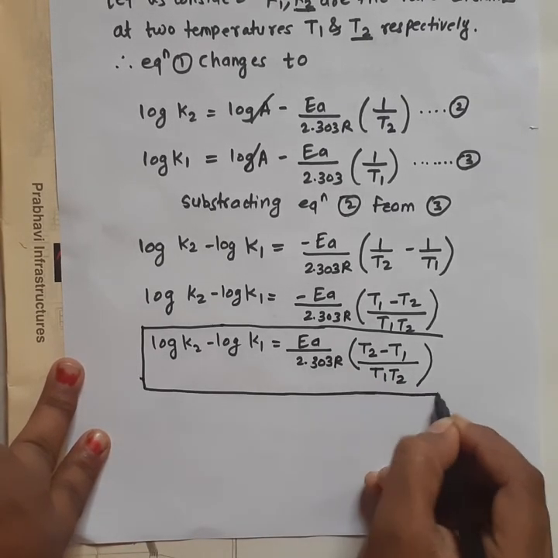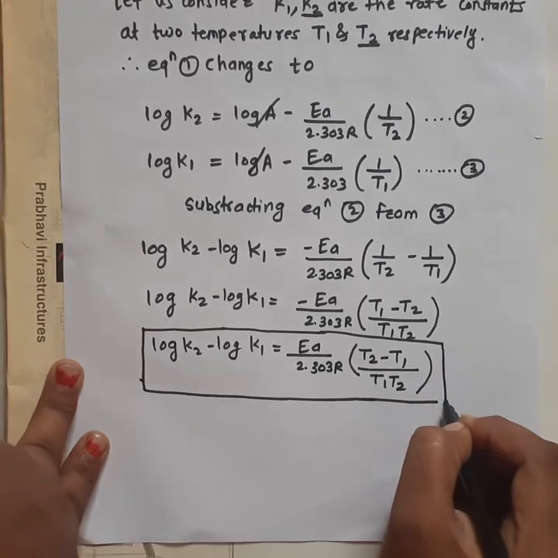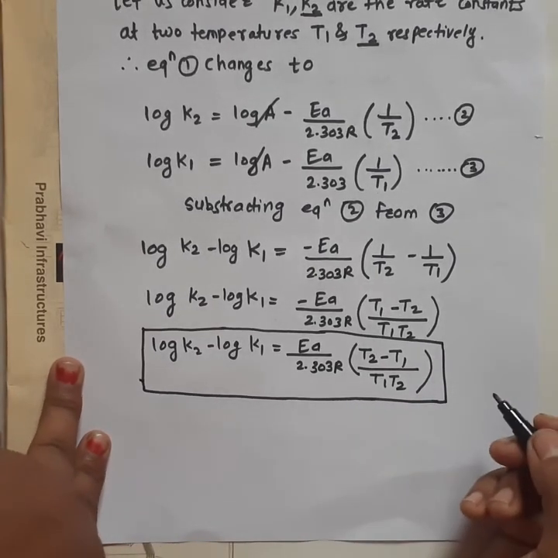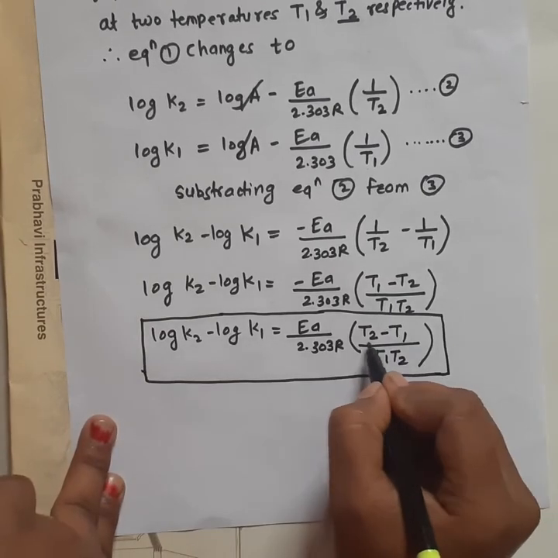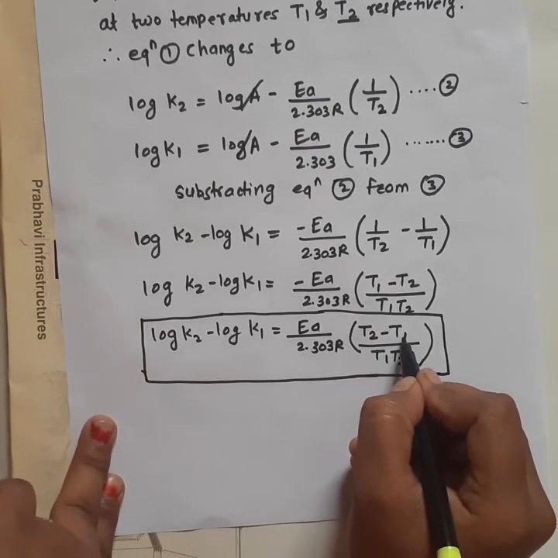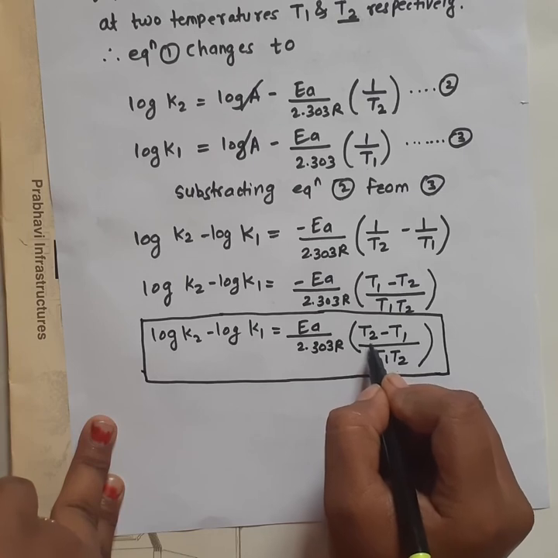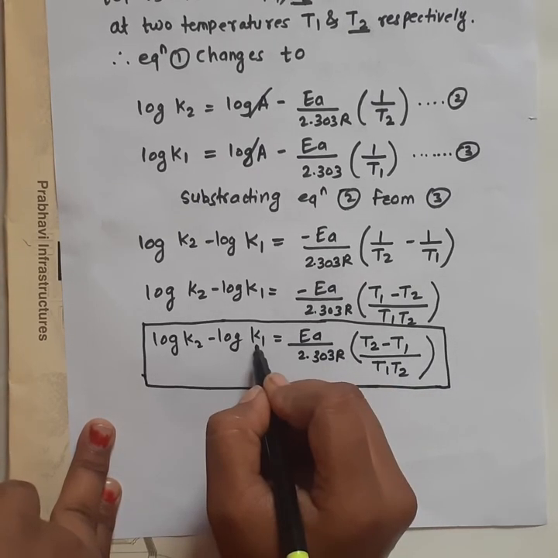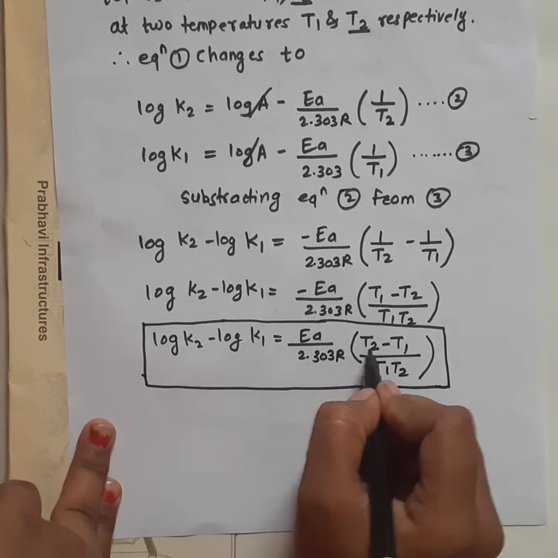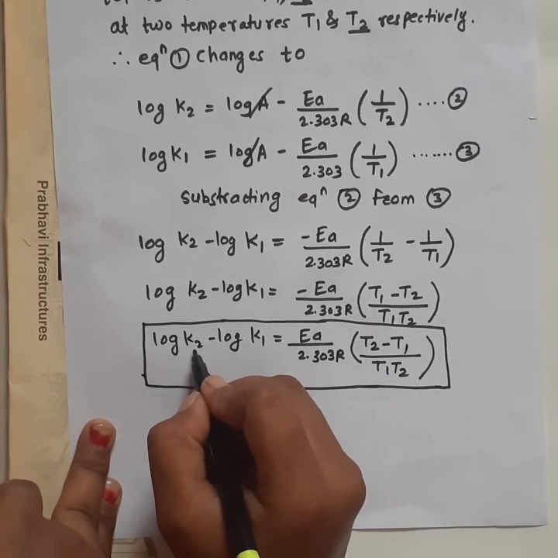So in the graphical method we also studied how to determine energy of activation, and in the analytical method we consider two temperatures. One is a lower temperature, that is T1, and one is a higher temperature, that is T2. For lower temperature T1 the rate constant is K1, and for higher temperature T2 the rate constant is K2.